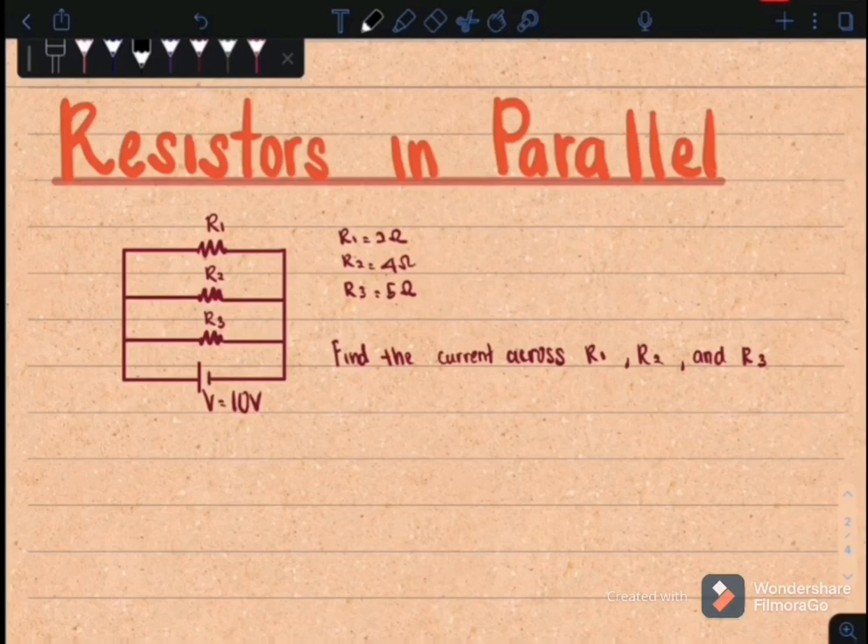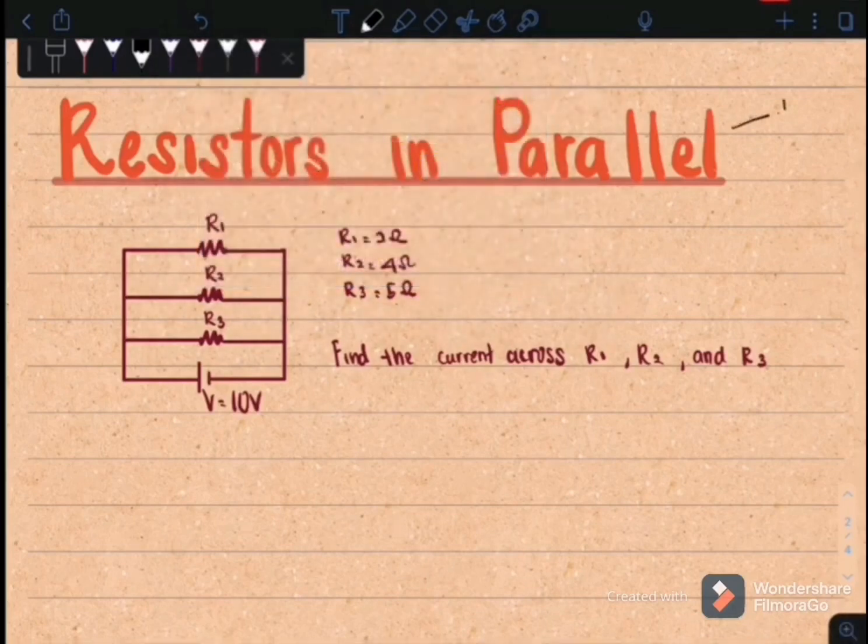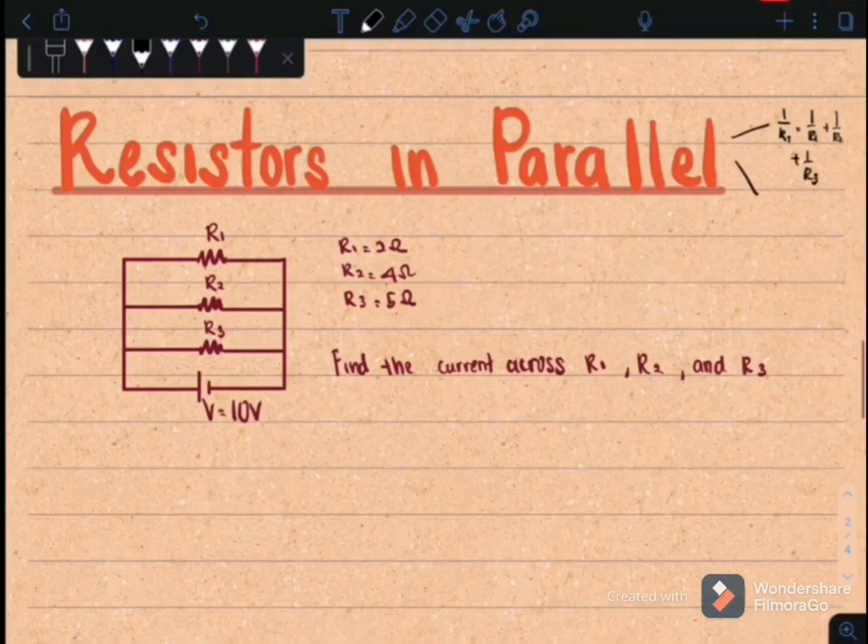So we know when the resistors are parallel to each other, the equation of the characteristics becomes 1 over R total is equal to 1 over R1 plus 1 over R2 plus 1 over R3, whereas the voltage from the power supply is equal to the voltage across each of the resistors, and the current that flows from the power supply will be split into all those three resistors, which leads to I total is equal to I1 plus I2 plus I3.